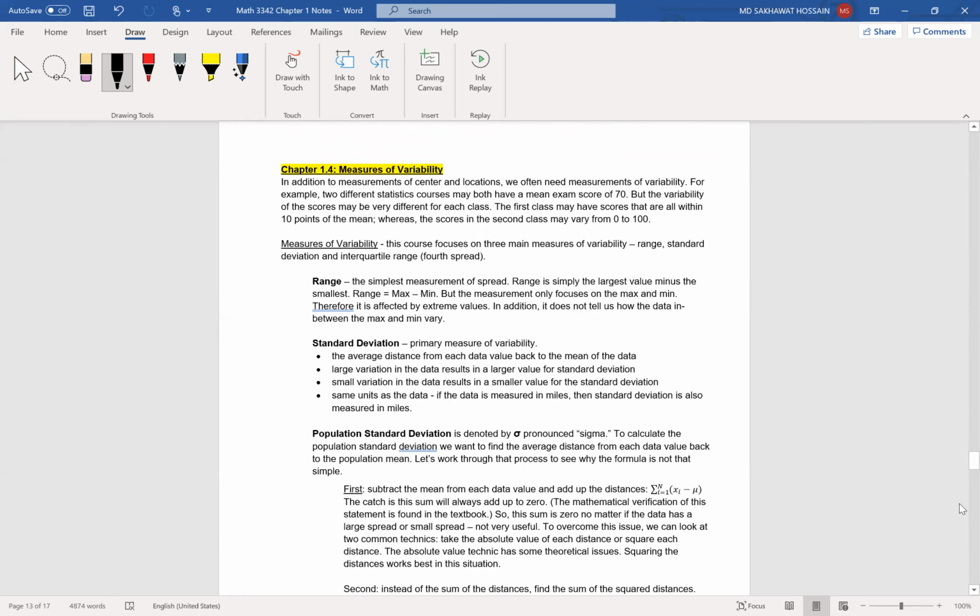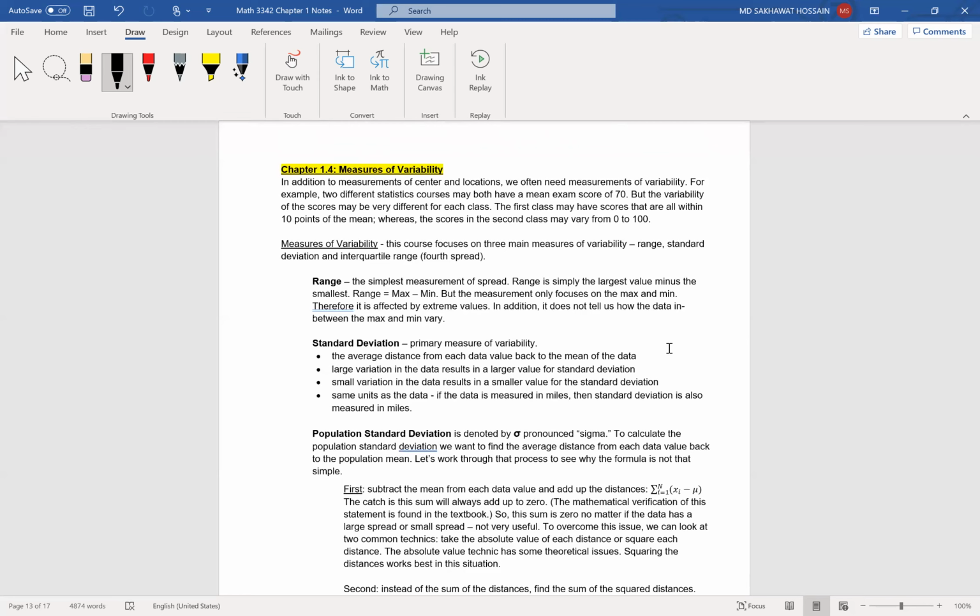There are different measurements for this: we use range, standard deviation, variance, or the interquartile range. Now the question is, why do we need to know about the measures of variability? Why is it important?